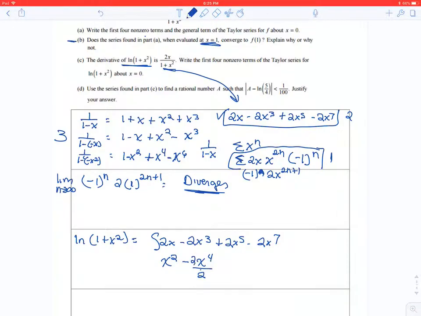If you like that better, we can say 2 over 4, because we can clean it up later, plus x to the sixth over 2 times 2 over 6 minus x to the eighth over 2 over 8, which of course we can simplify. This was worth 2 points, so 2 out of 2.